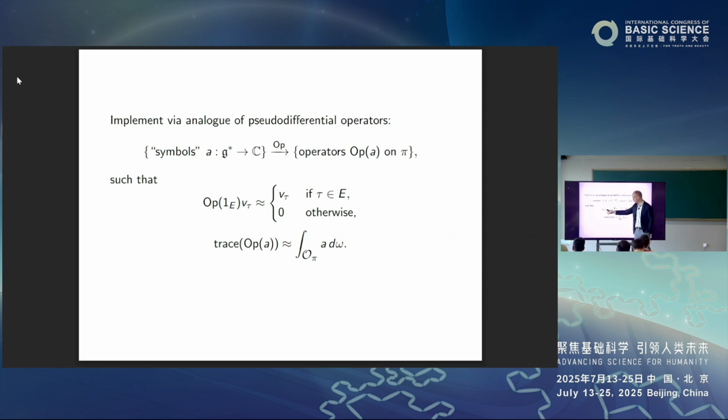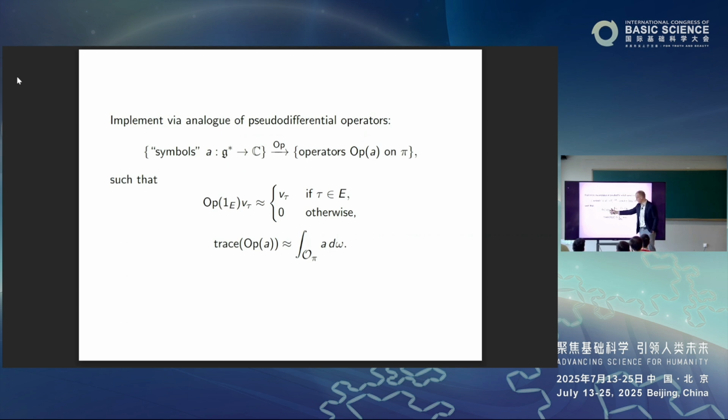And these, for example, should have the property that if you take the characteristic function of some nice set, it should act on the individual localized vectors either by reproducing them or zeroing them out according as the parameter lies in the set or not. So this is kind of like the example I gave earlier of zeroing out all of the low frequency notes in a musical piece by taking E to be a high pass filter.